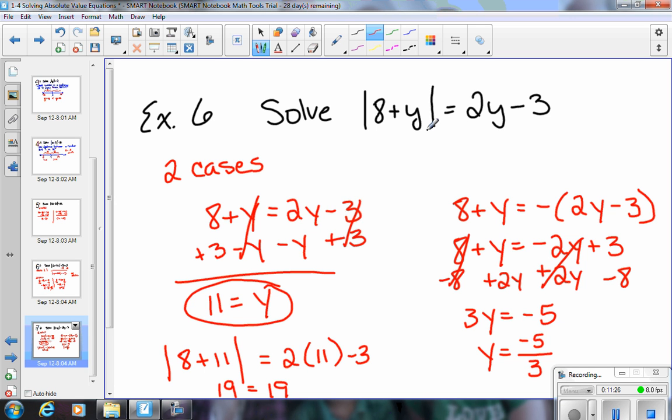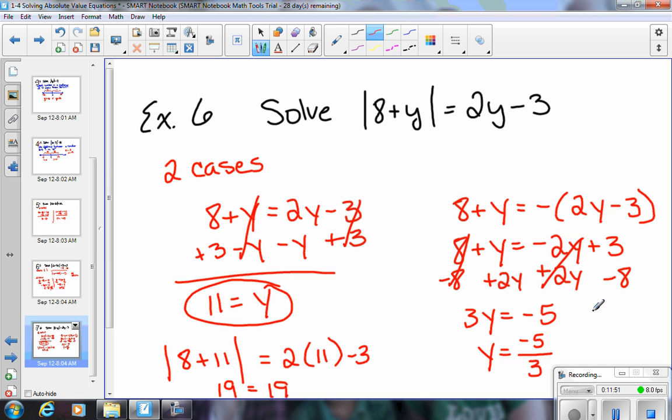Negative 5/3. If I plug in a negative 5/3 plus 8, I'm taking the absolute value, so I know I'm going to get a positive value on this side. If I plug in a negative 5/3 over here, I'm not even going to work it out, because I know that if I multiply negative 5/3 times 2, I'm going to get something negative. And if I subtract 3, it's even going to be more negative.